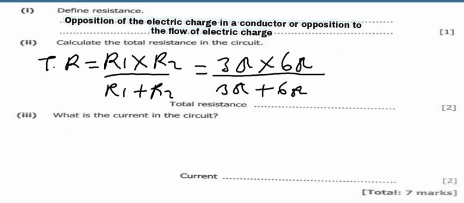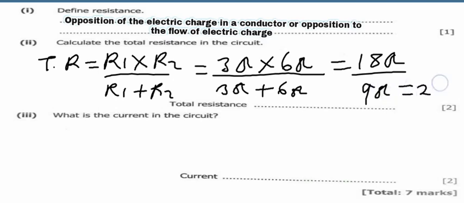When we multiply 3 ohms by 6 ohms, we get 18 ohms. So 18 ohms divided by 3 plus 6 ohms, which is 9 ohms. When I divide, I just get 2 ohms.